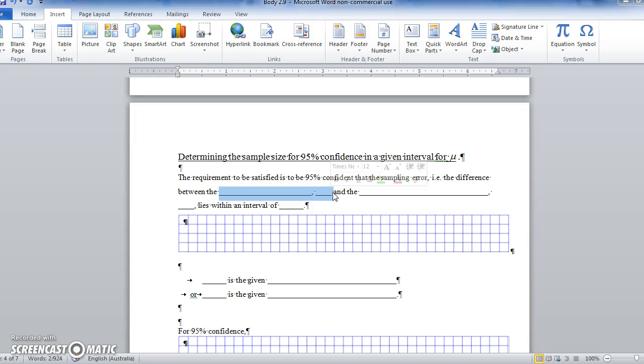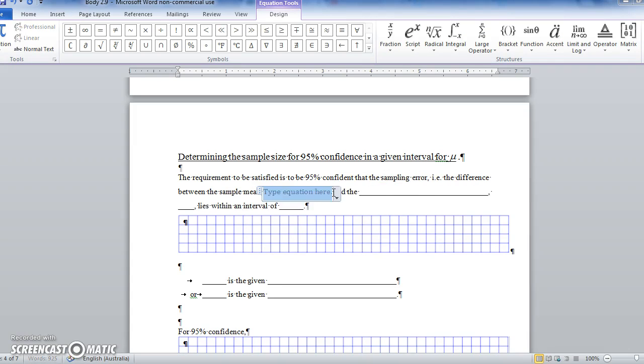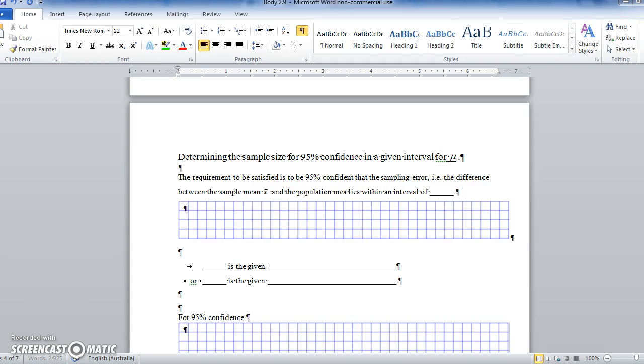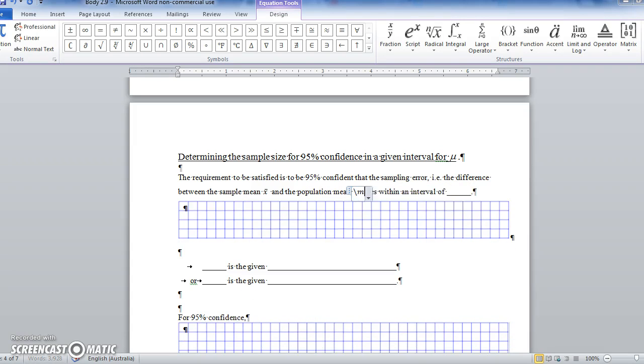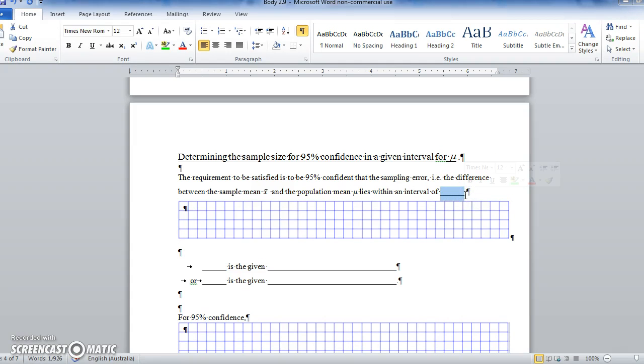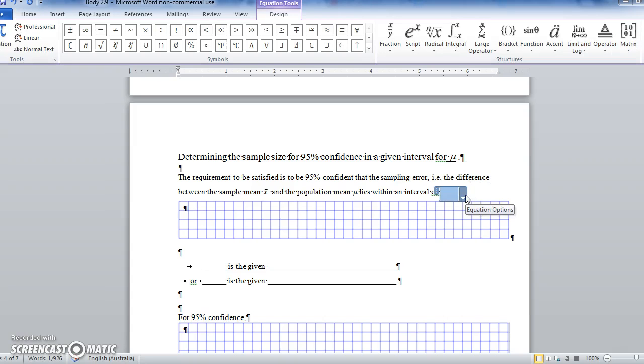So the requirement to be satisfied is to be 95% confident that the sampling error, that is the difference between the sample mean, which we represent by x bar, and the population mean, which we represent by mu, is within an interval of plus or minus e.